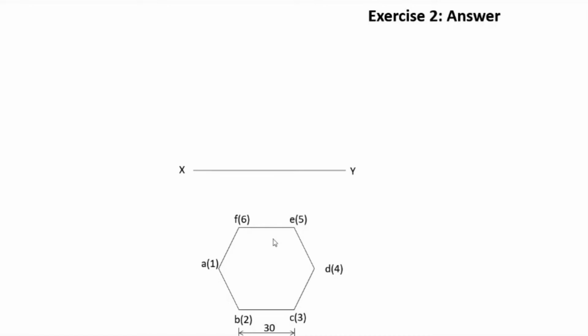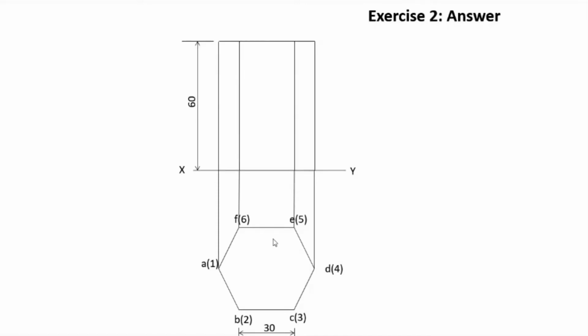The edge of the hexagon is 30. Then from all the edges we draw the projectors. The 60 mm height is taken. The front view of the hexagonal prism is completed. This is with the entire hexagonal prism intact, that is, we haven't sectioned it yet.